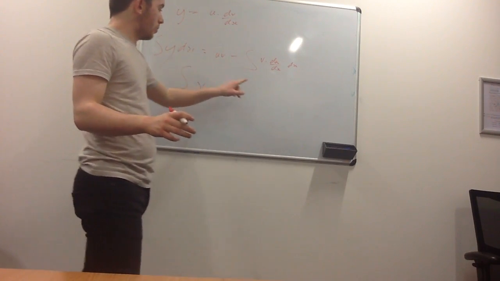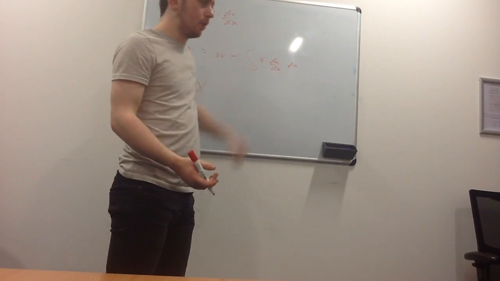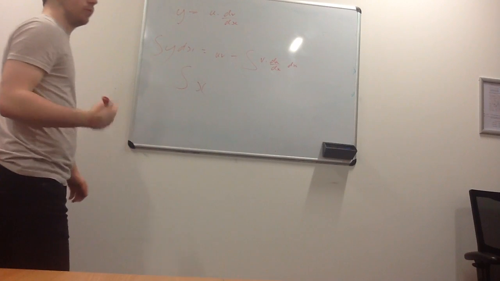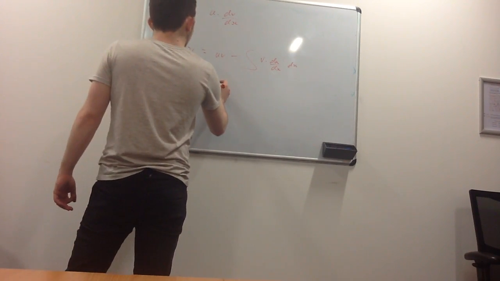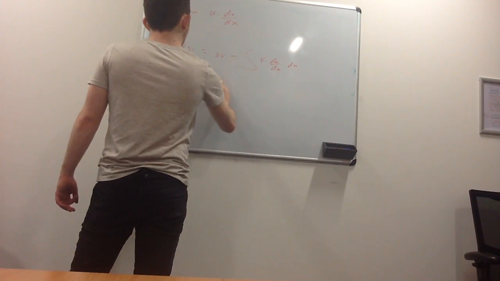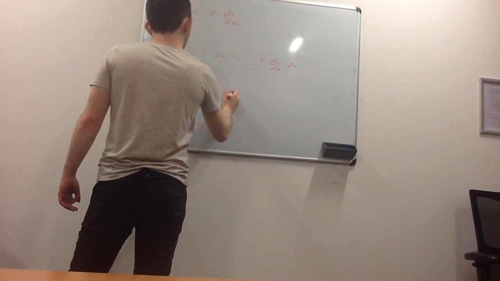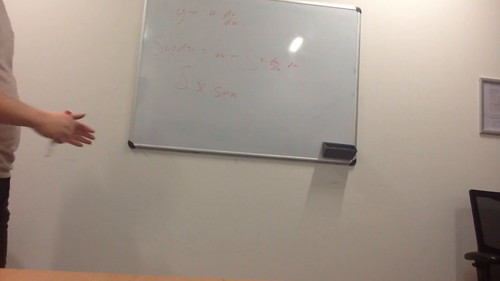But you may get to the stage where this still isn't solvable in real life, which is why you may want to think of which one to make your x and which one to make your dv over dx. Right. Because the whole point of this is to reduce one term.